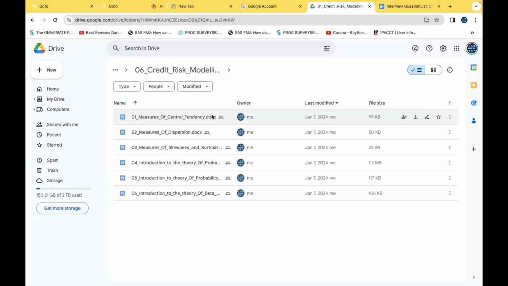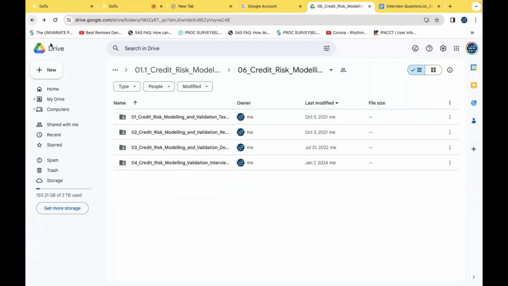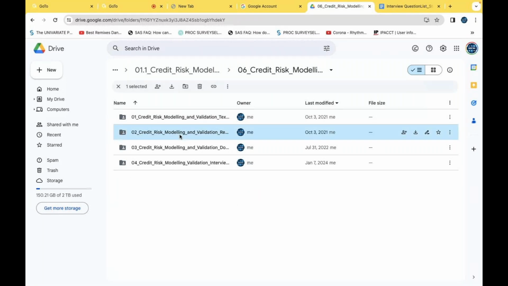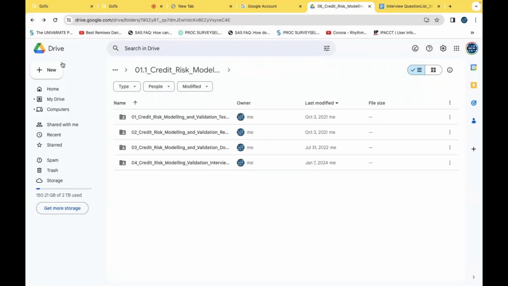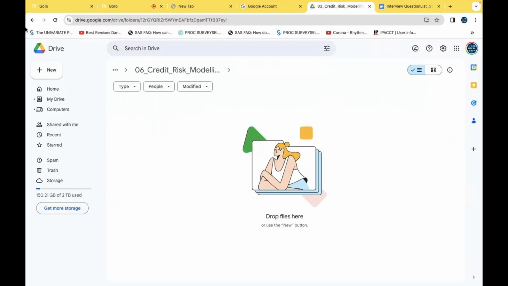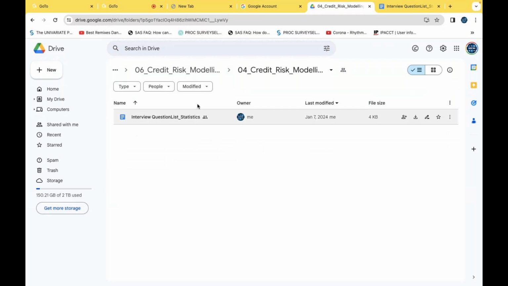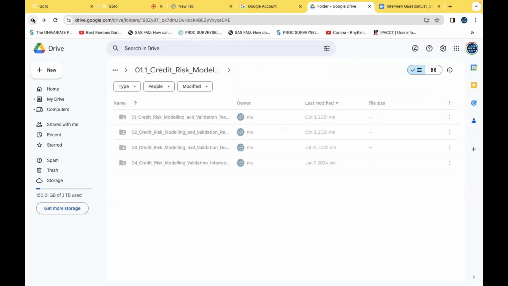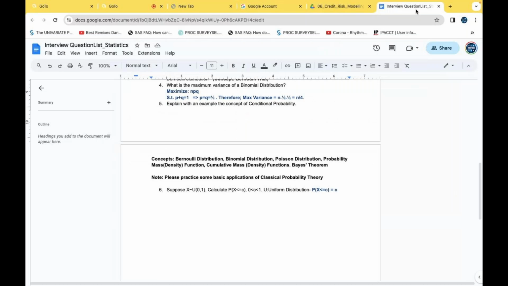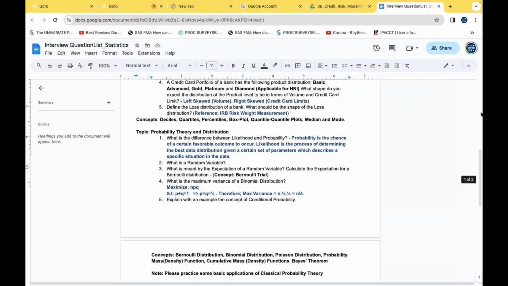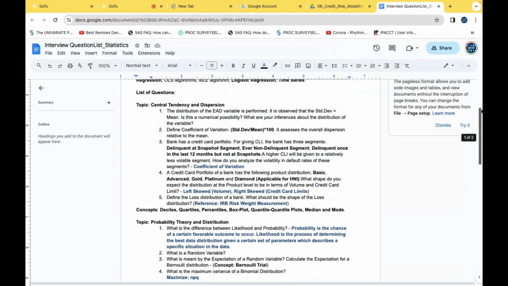I have uploaded all the documents on the entire content on probability theory, distribution, and central tendency and dispersion, and all these sections on readings and references will be gradually updated, right? And over here we are listing out the interview question list on statistics. Clear? So we would be reading it up from here.